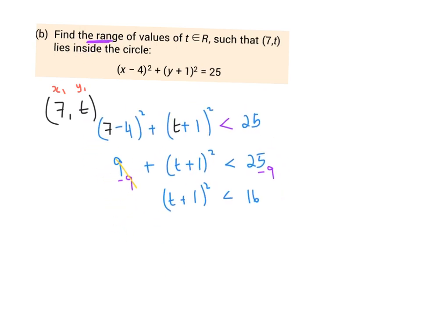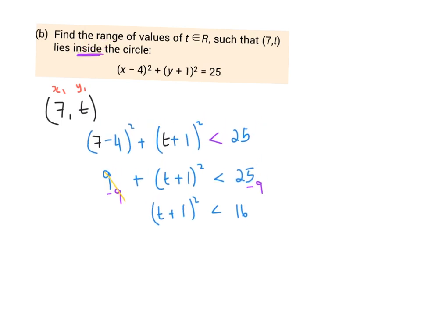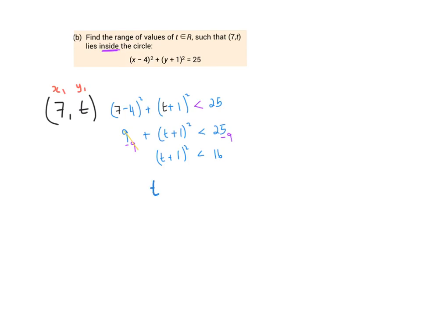And so just the square root of both sides gives me t plus 1 is less than plus or minus 4. So obviously splitting this up into two different inequalities is going to give me minus 4 less than t plus 1 less than 4.